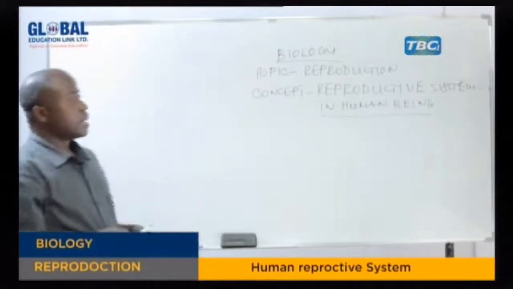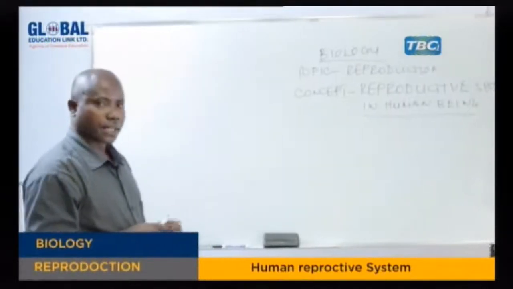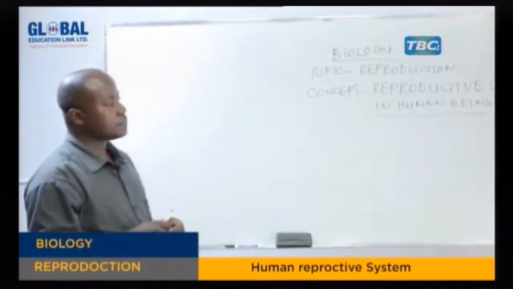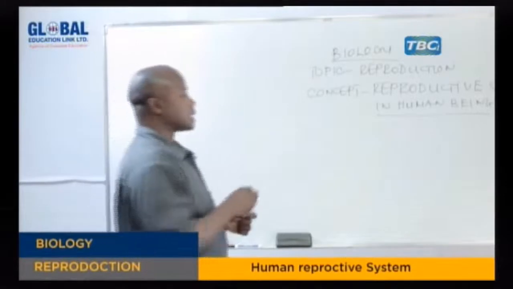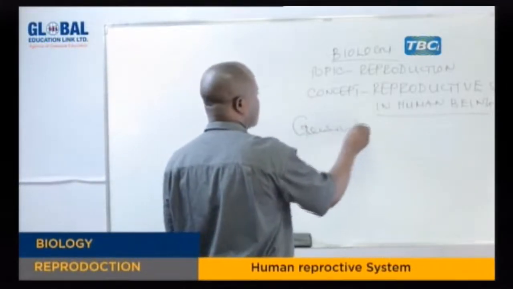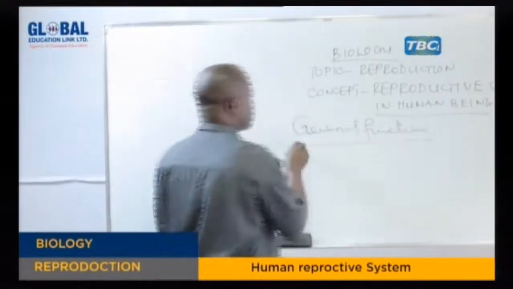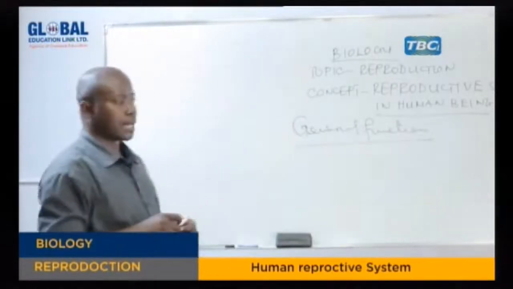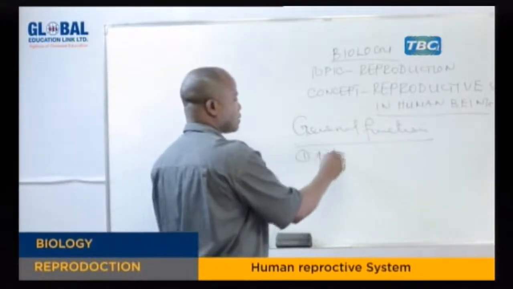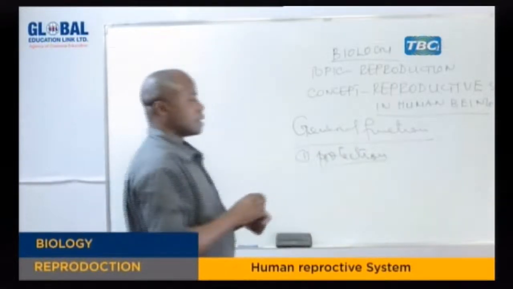Therefore, dear students, these are the functions of the accessory glands in the male reproductive system, and therefore let us see the general functions of those accessory glands. There are three. One is protection.